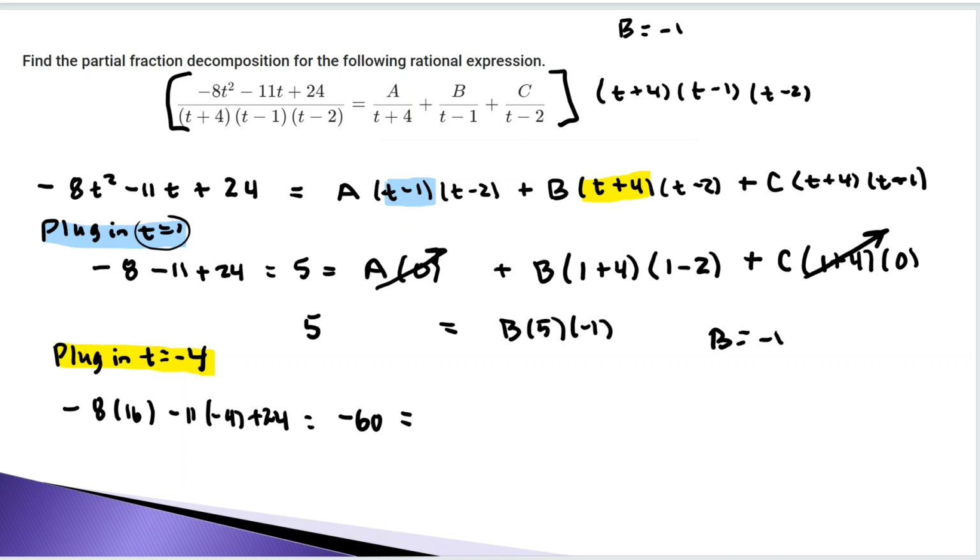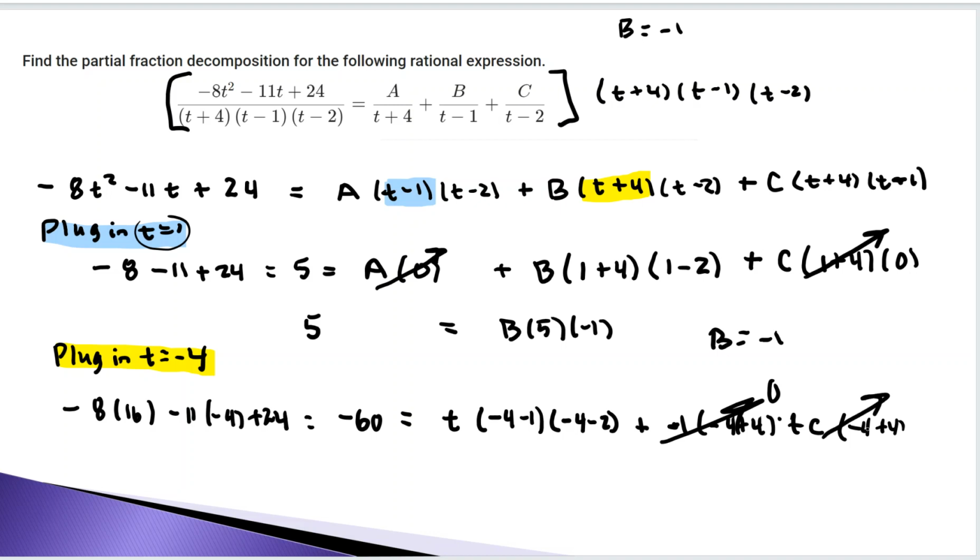And over on the right-hand side, I have a times minus 4 minus 1 times minus 4 minus 2, plus, we already know our b term is minus 1, times minus 4 plus 4, oh, that goes to 0, so I'm just going to put a 0 there, and c times negative 4 plus 4, oh, that one goes to 0 too.